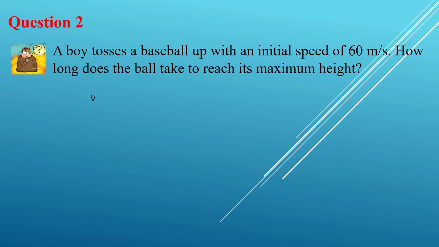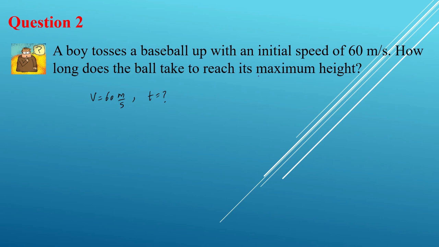I have a speed which is equal to 60 meters per second, right? And then it asks me how long it's going to take, t, right? And then it looks like that's all I have, right?